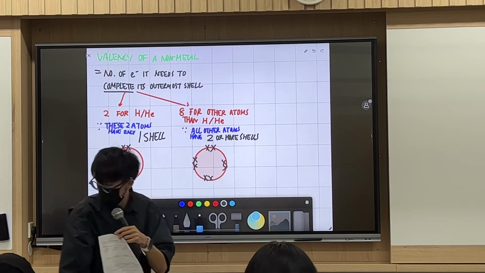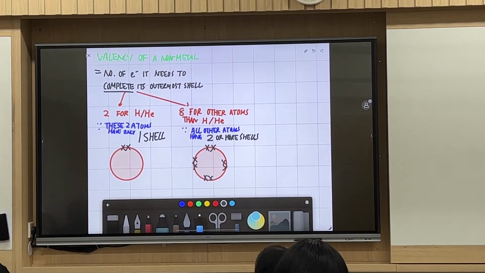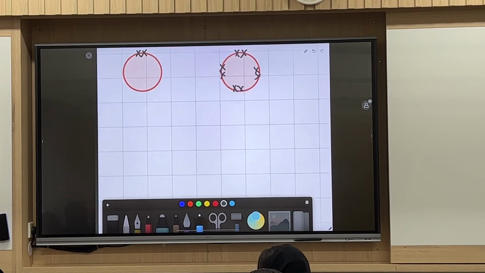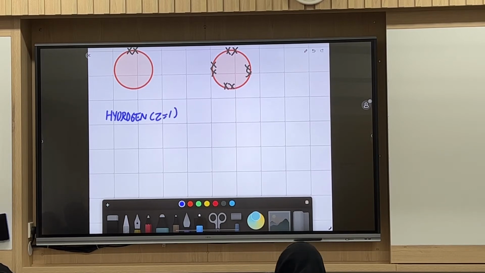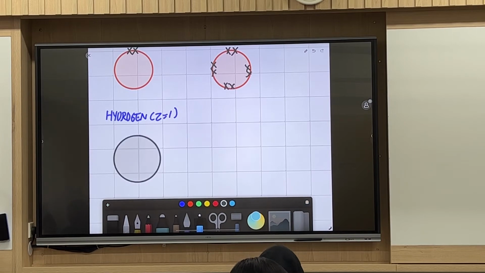Here, valency. Now let's try finding valency. Can you tell me the current electron arrangement of hydrogen? Hydrogen has atomic number 1, which means the electron arrangement can only be 1. So draw a circle with just 1 electron and put an H inside.